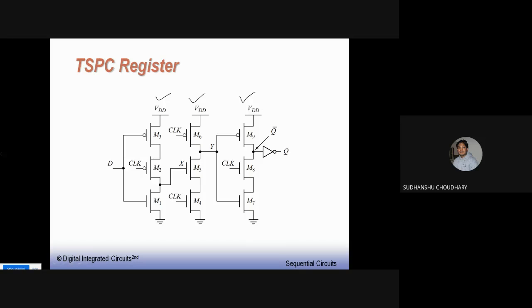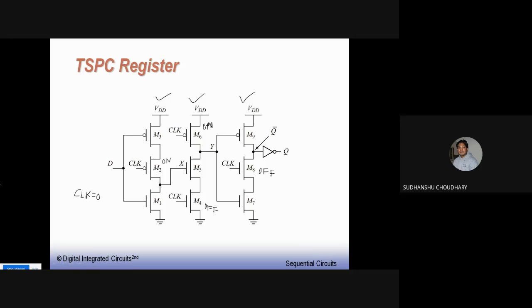How does this work? Let us say when clock is 0, this is on, and this one is off. This is also on, but this is off, and this is also off. So when clock is 0, this situation exists.